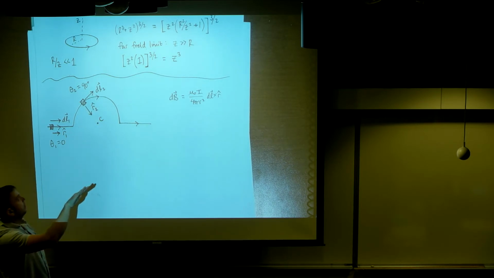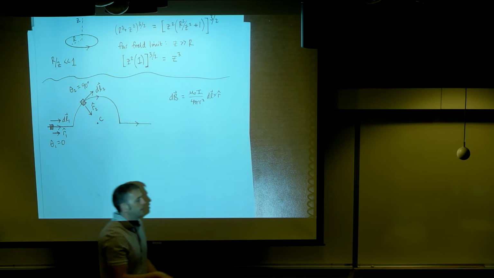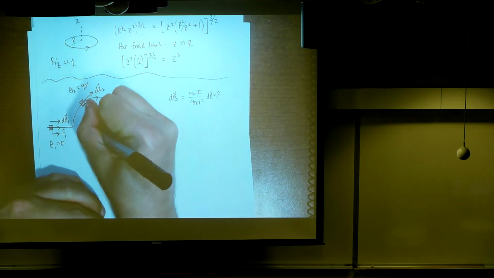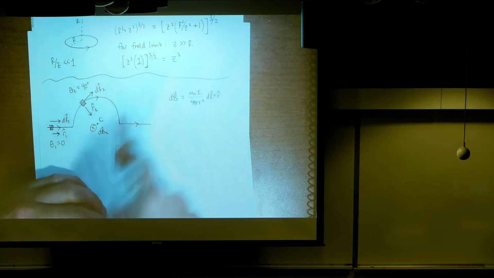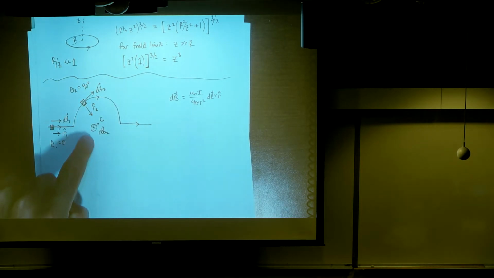Fingers pointing out like that. And then if you cross with r, I'm going to curl them down like this. Your thumb is going to be going into the page. So I'll say dB2, the magnetic field contributed by this half circle segment, is going into the page like this.